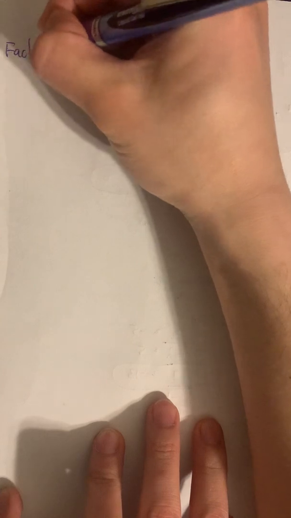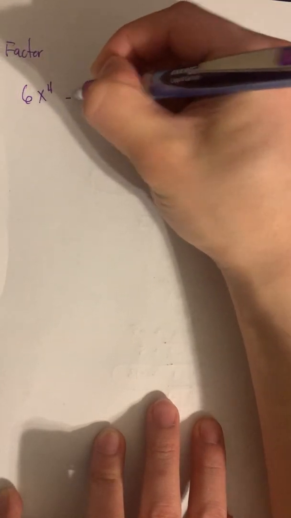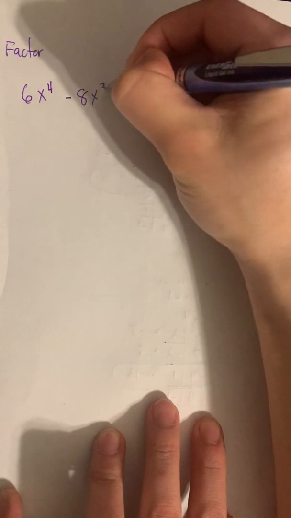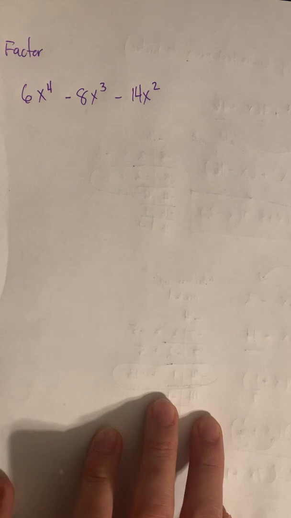All right, so our last example. Let's say we need to factor 6x to the 4th minus 8x to the 3rd minus 14x squared.